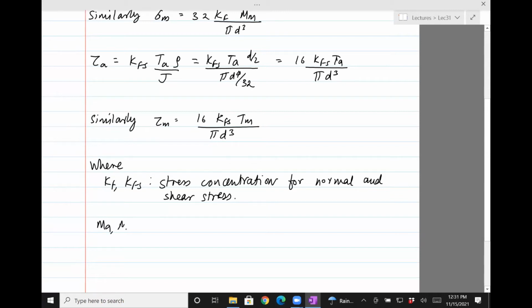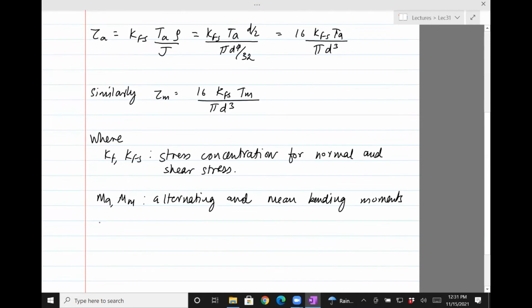Ma and Mm are the alternating and mean bending moments. Ta and Tm are the alternating and mean torques. And D is the diameter.